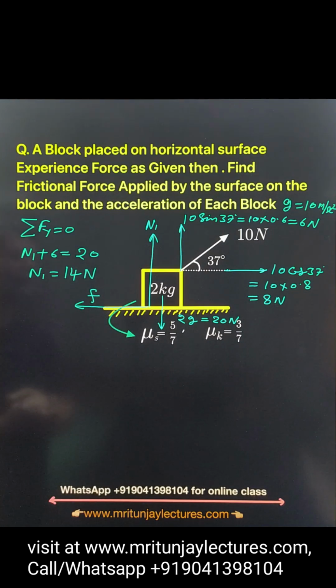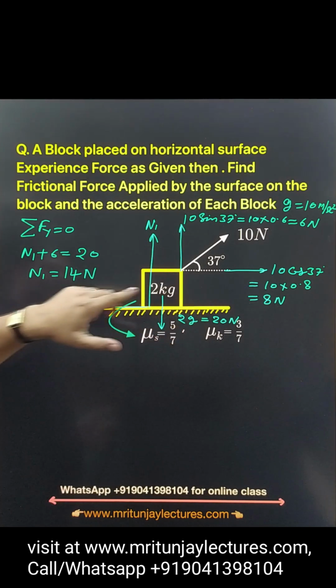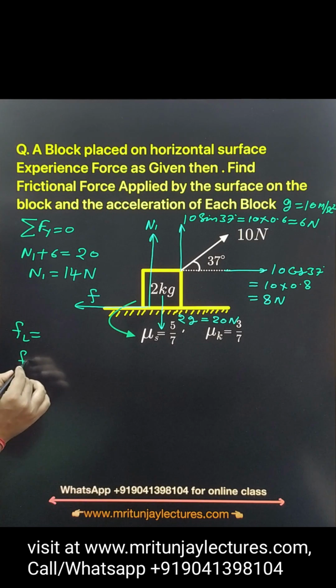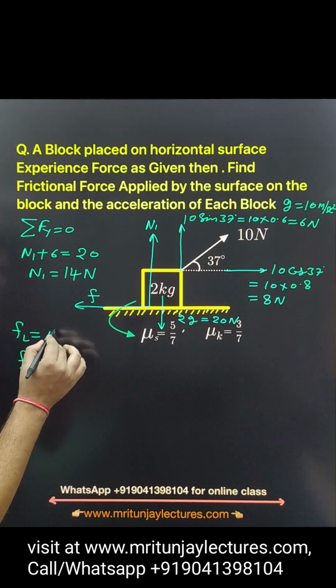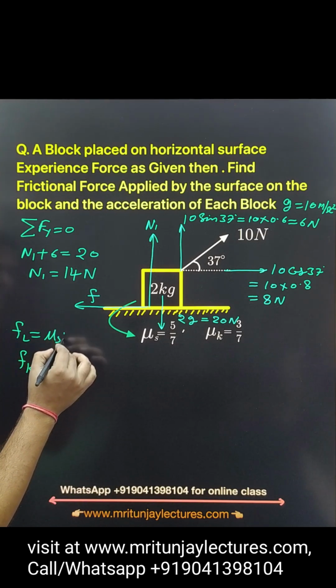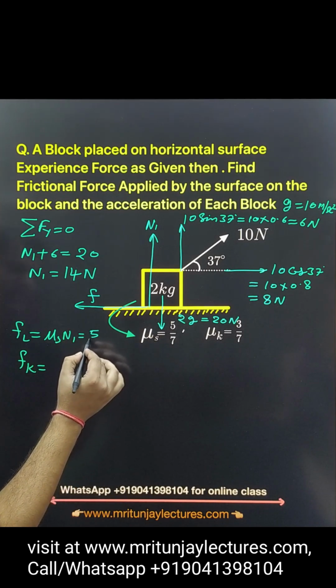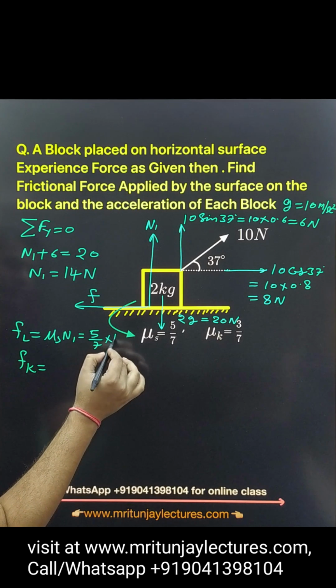Okay. Now after that, look here, the normal force is 14 Newton. So what about the maximum limiting frictional force and the kinetic frictional force? That is mu s into N1. Mu s is how much? 5 by 7, and N1 is how much? 14.